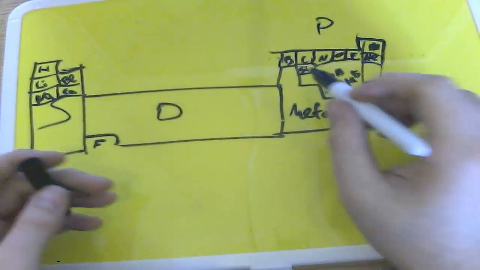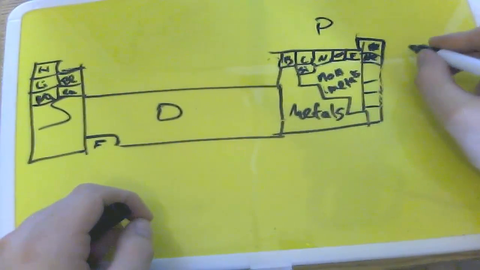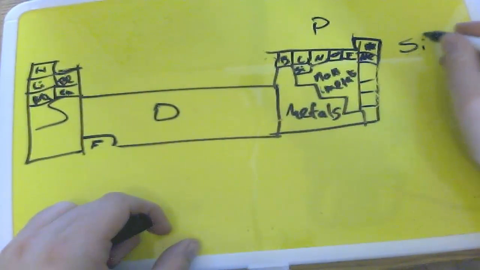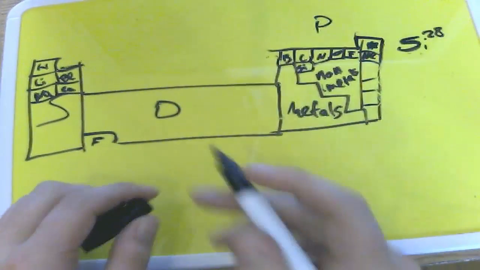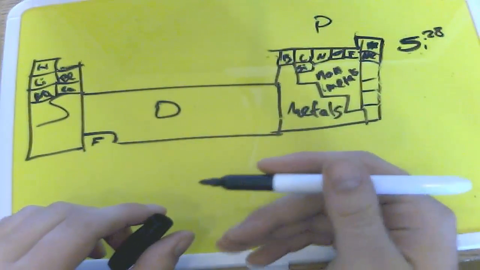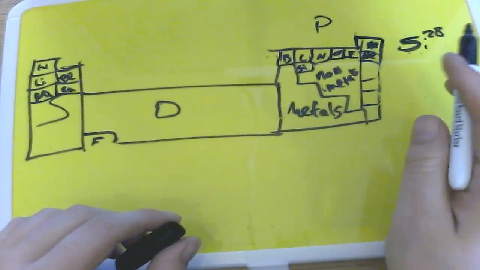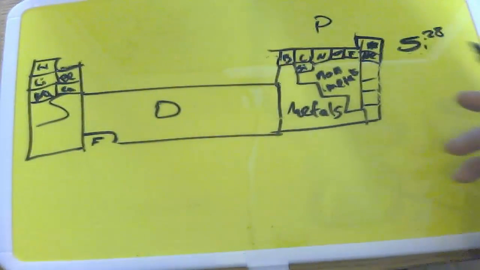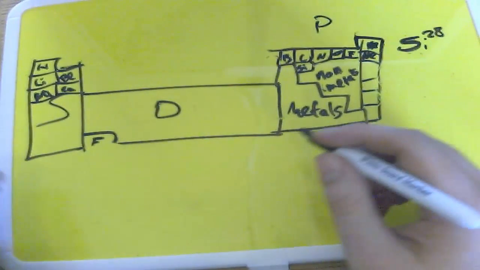Silicon is number 28 on the periodic table. Silicon 28 is how it's written. That's an S. When you see it on the periodic table, you'll see it's Si28. But how do they get that? Well, I'll show you how to do that.